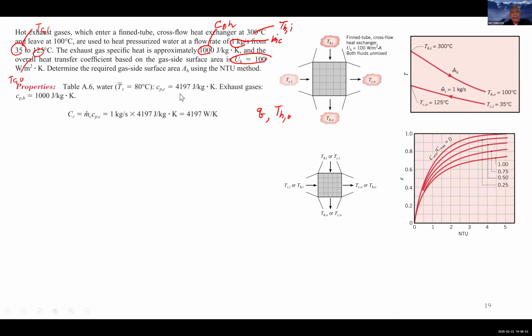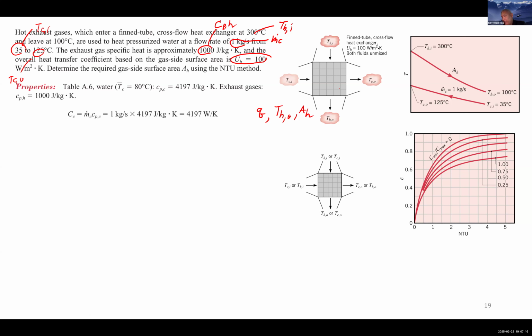TCI and TCO are given. We don't know the THO. We don't know the Q. But the problem does not ask you for the Q or even the THO. They are asking you to find the heat transfer surface area, AH.